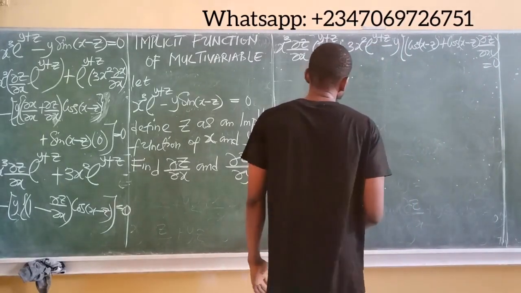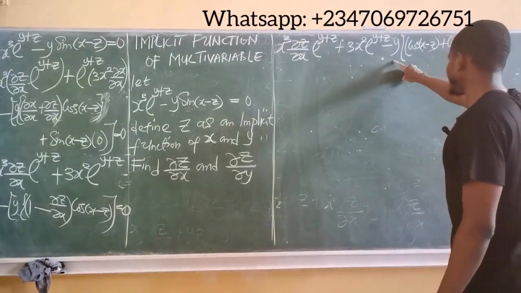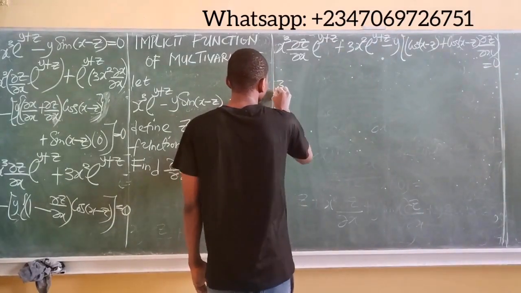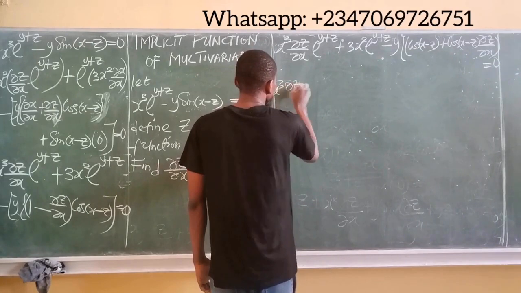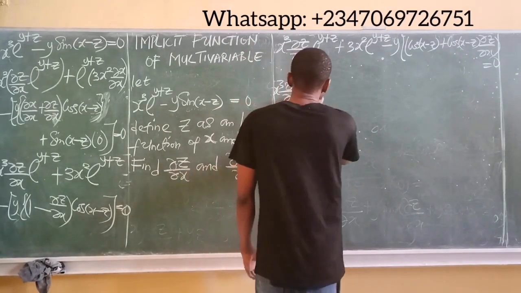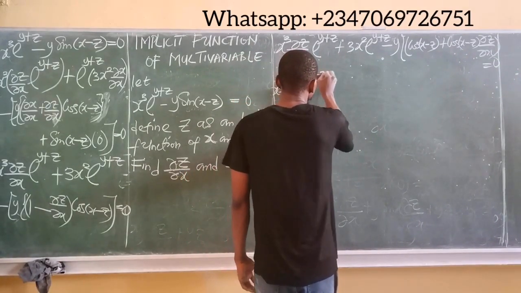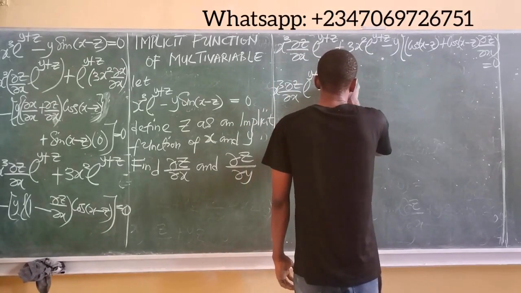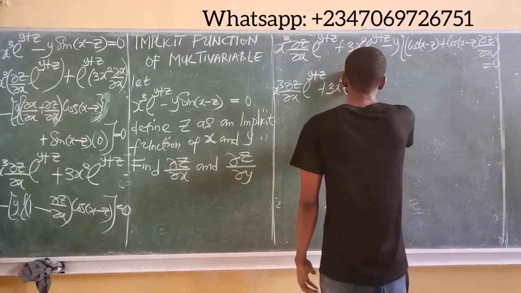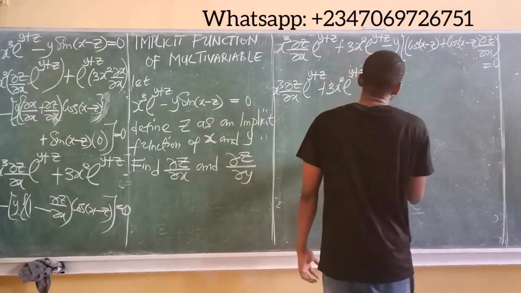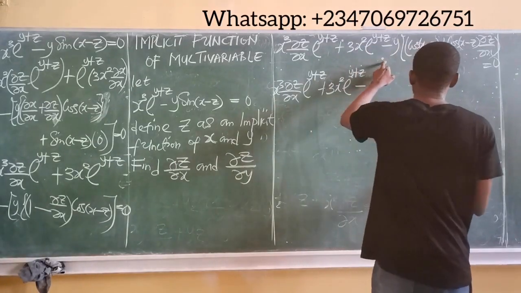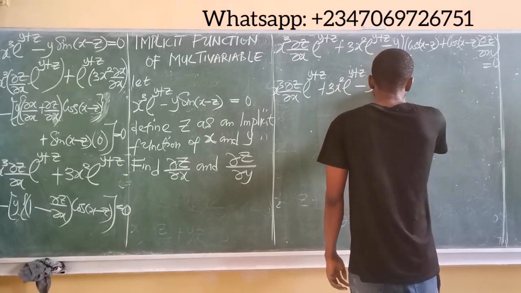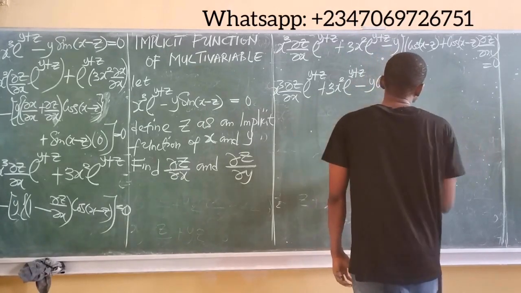Okay, so I can now expand this bracket with simply y. And if I do that, I have here x cubed partial z all over partial x exponential y plus z, plus 3x squared exponential y plus z minus, so minus y multiplies cos x minus z simply gives us minus y cos x minus z.